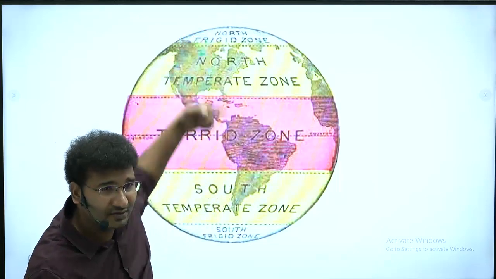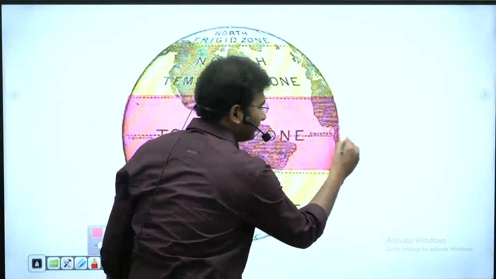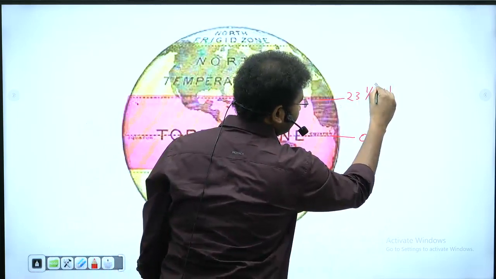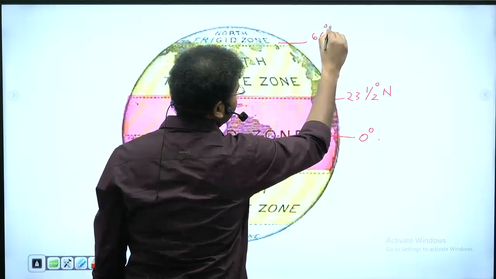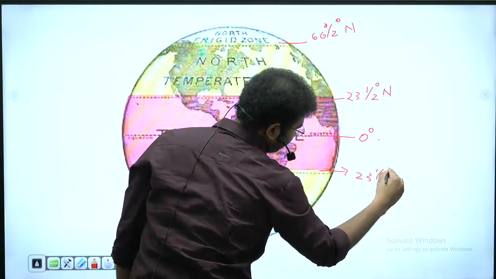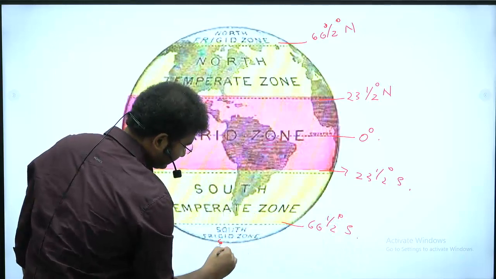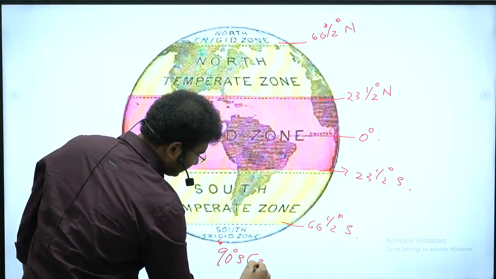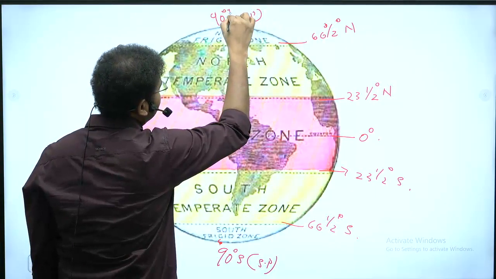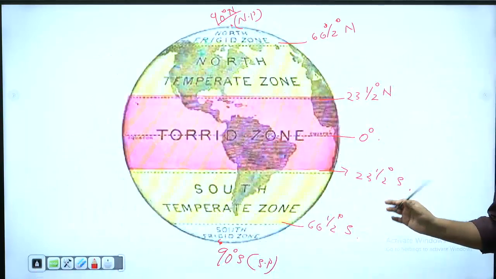This is the north frigid zone. Now you tell me the latitudes quickly. What is this latitude? What is this? This? Okay, this is the South Pole and this is the North Pole, 90 degrees north. Okay? This is clear because ahead we are going to study this in detail.